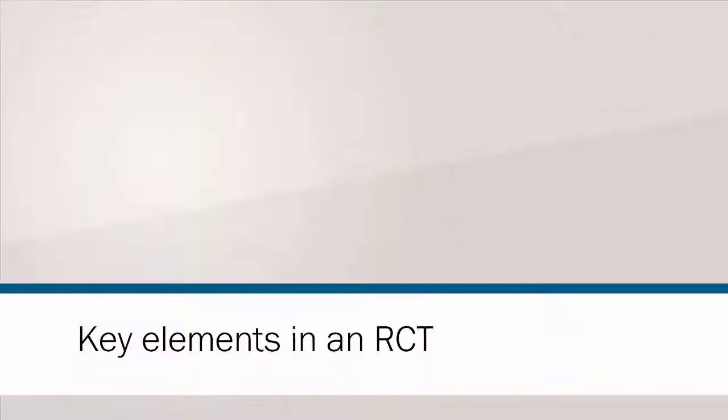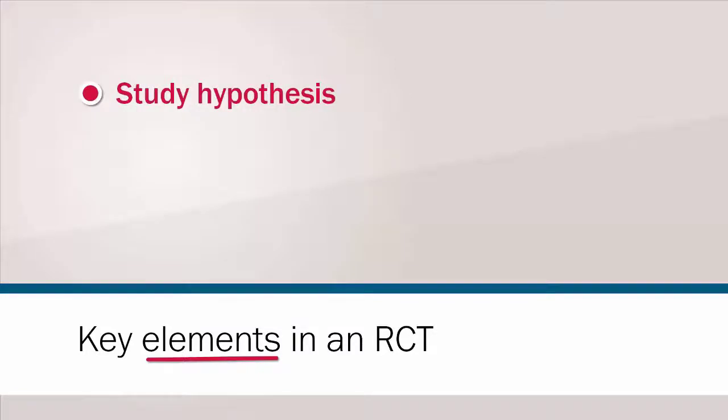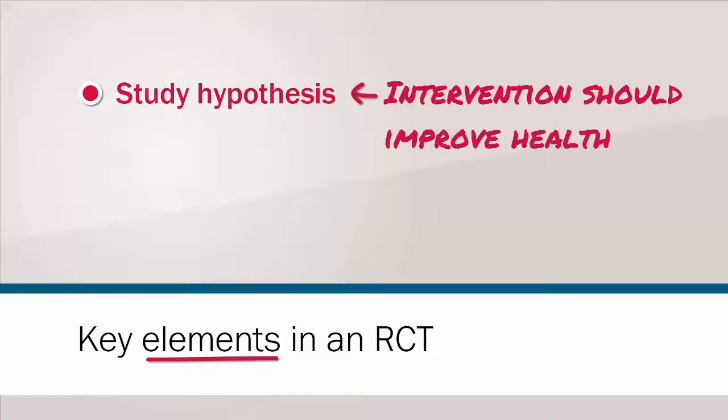As with other types of studies, there are key elements in a randomized trial. Firstly, the study hypothesis, which is the research question, is that the intervention is expected to improve health. There has to be uncertainty about this. It would be unethical to carry out a trial when we already know that the intervention is better than the control treatment.